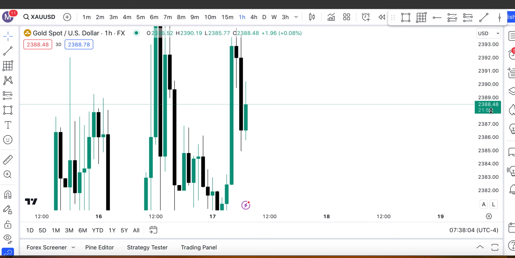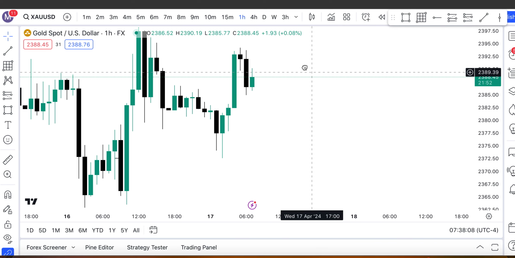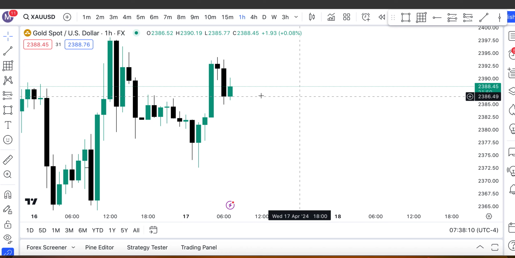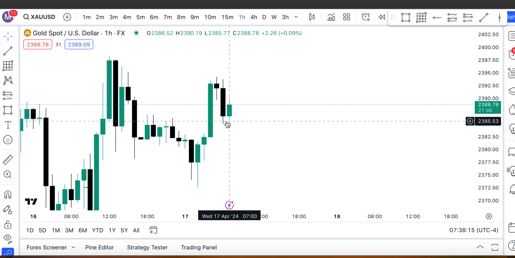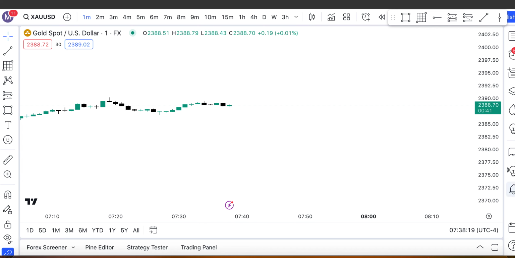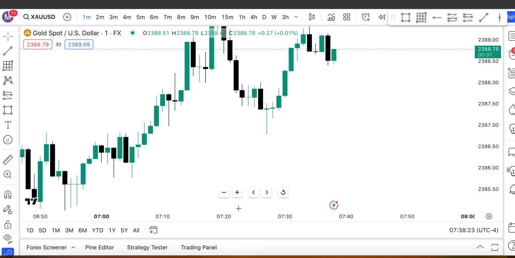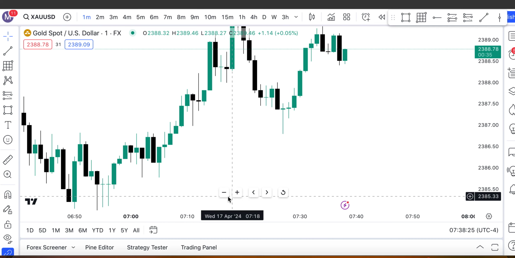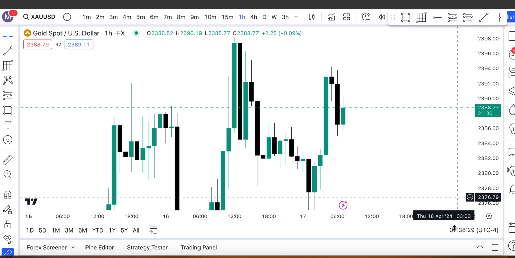Something to note is that this is an hourly time frame, so each candle represents 1 hour, as we know. However, if we go all the way down to the 1 minute time frame, there are 60 candles in that 1 hour candle.